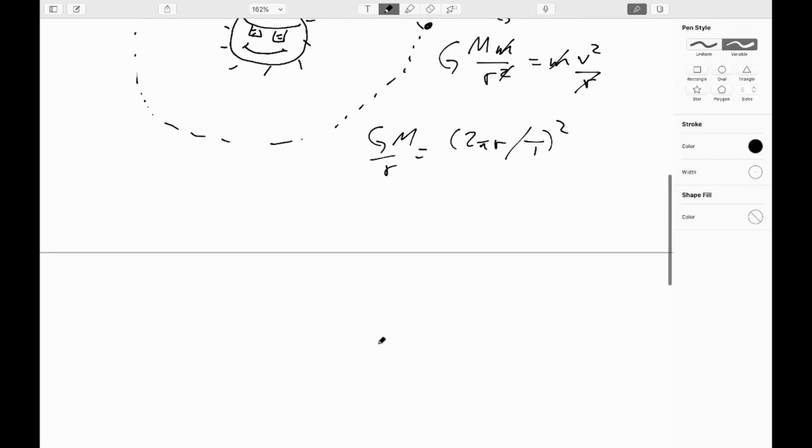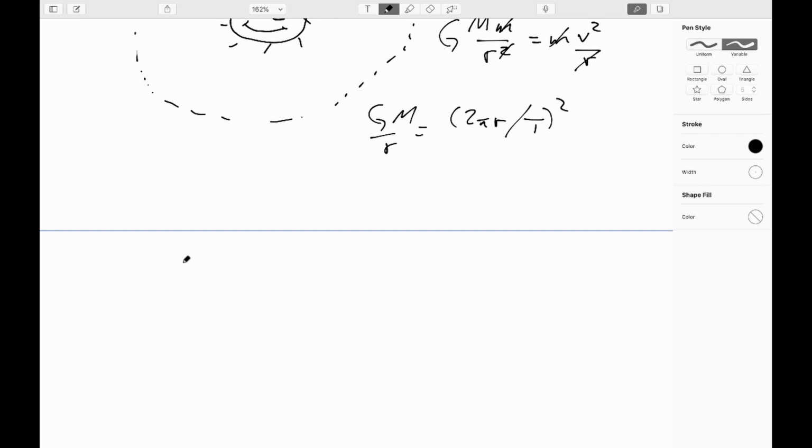If we work that through, we get that GM over r is 4 pi squared r squared over period squared. Do a little bit of cross multiplying to match how Kepler wrote it.